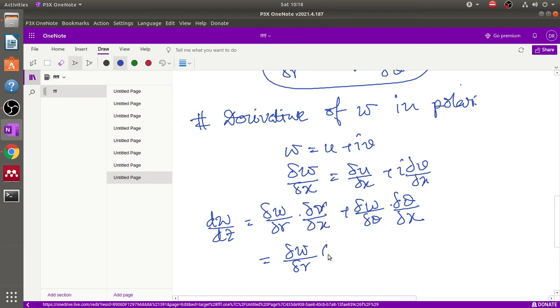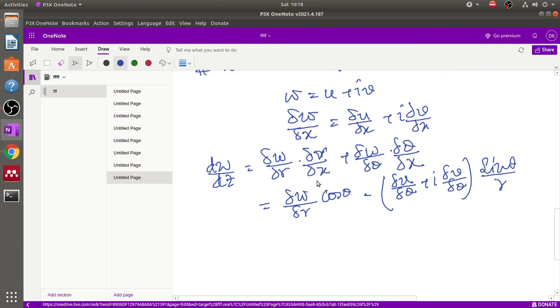Del r by del x is basically cos theta, because x equals r cos theta. And del omega by del theta is represented by del u by del theta plus i del v by del theta, and del theta by del x equals basically sin theta by r. And this r comes out from the del omega by del theta term.